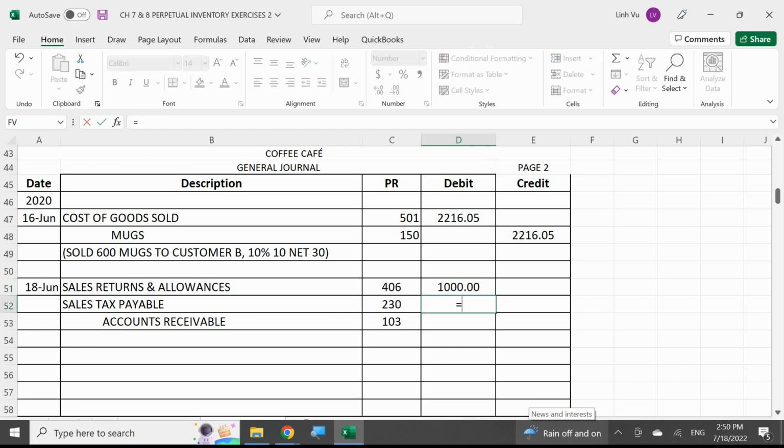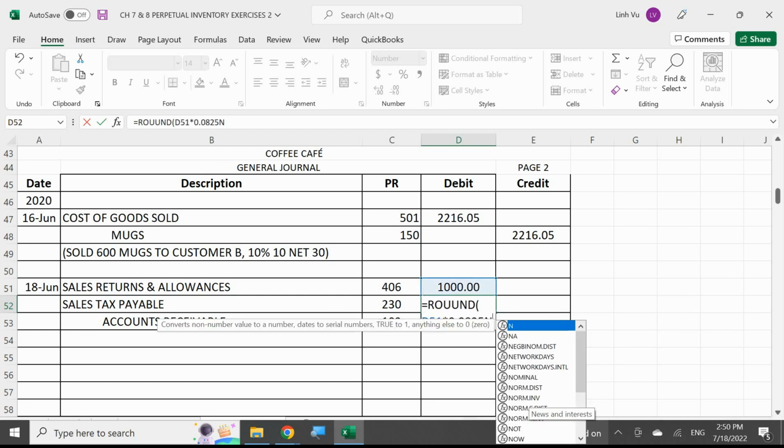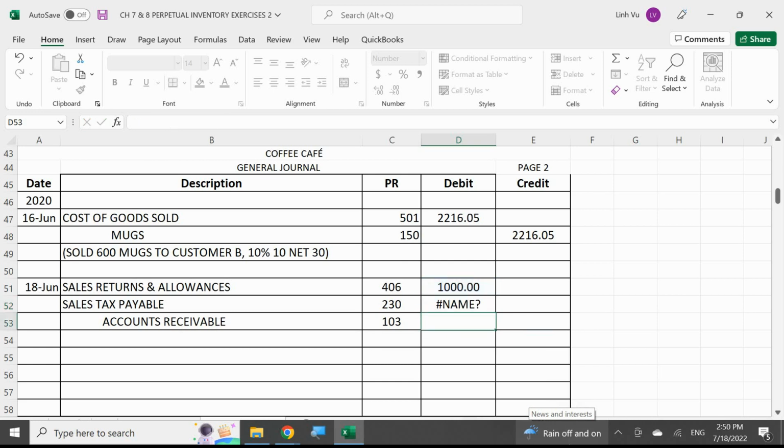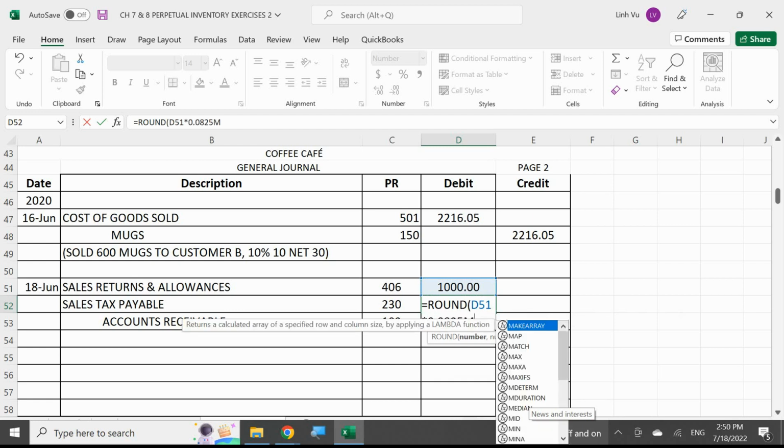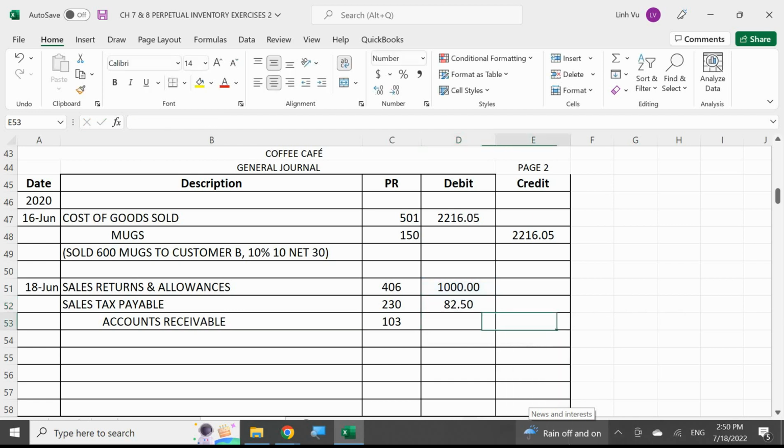$1,000. Okay, so now the tax will make it 82.50.